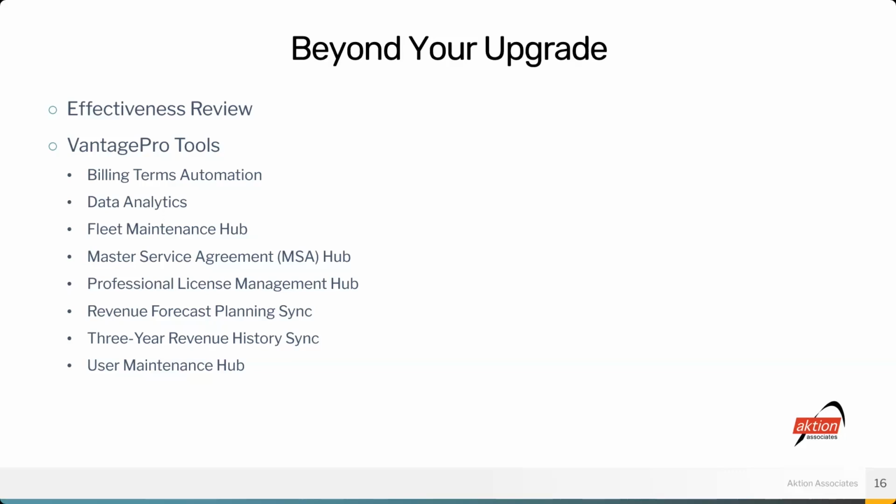We'd like to continue to do it this way, or this is not working for me. We'd like to modify this process, or what's a new functionality in Vantagepoint that we can take advantage of and maybe eliminate some of the other processes that we had.